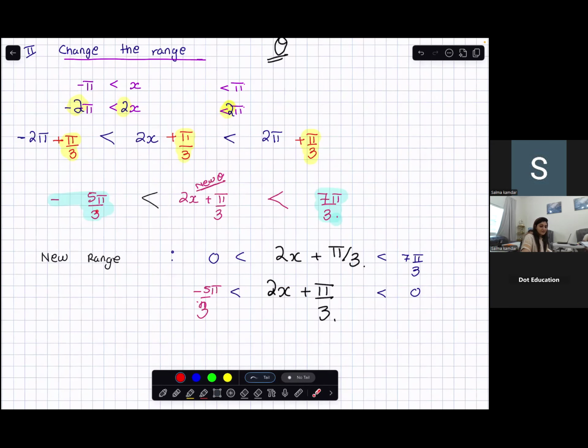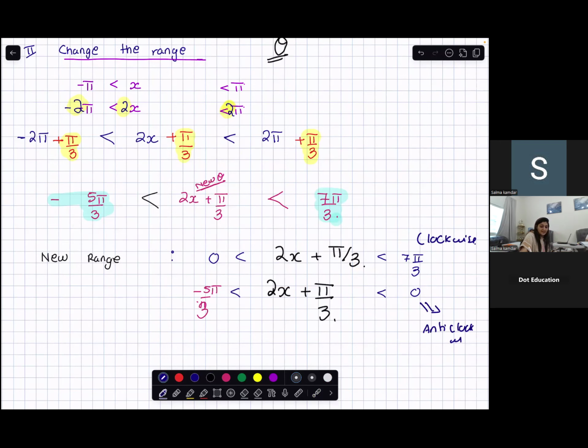Now, whenever you have a range between minus and plus, you break it down into two parts. For the positive part, you will find the similar angles going clockwise. And for the negative part, you are going to go anti-clockwise.